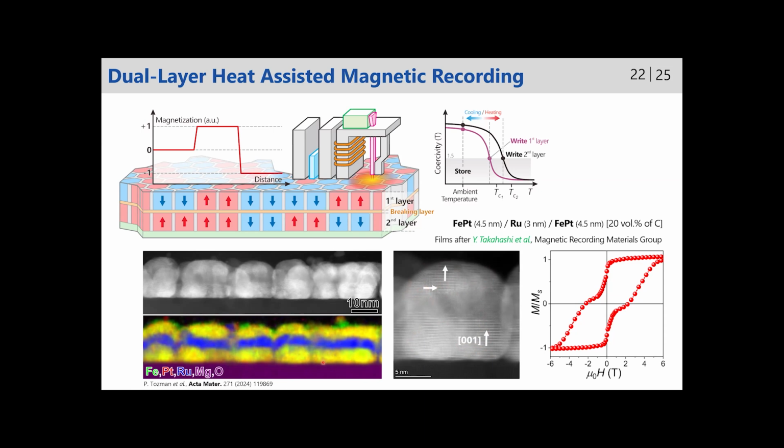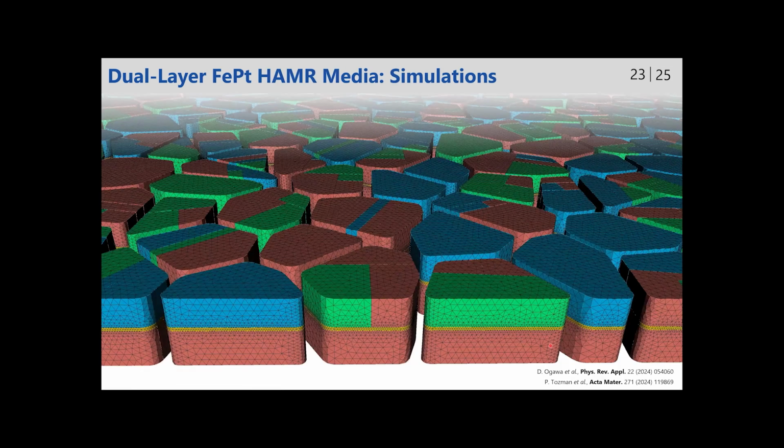And all this, the system itself gives such a peculiar hysteresis loop. You can see such a step here, and then we have higher coercivity. So something is changing magnetization easily, and another part of the media has higher coercivity. And micromagnetic simulations were used in order to understand what are the properties of the top and bottom layer.